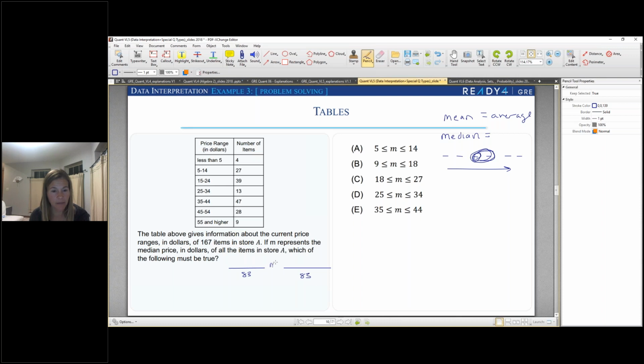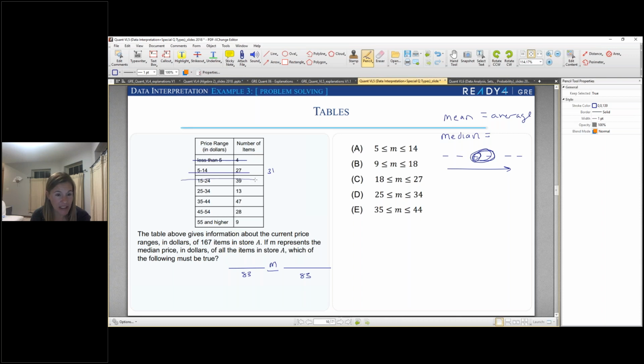And then your middle item is going to be that 84th item, right? So we need to go through 83 items before we get to the median price. 4 of them are less than $5. The next 27 are in this box, so that gets us up to 31 items.